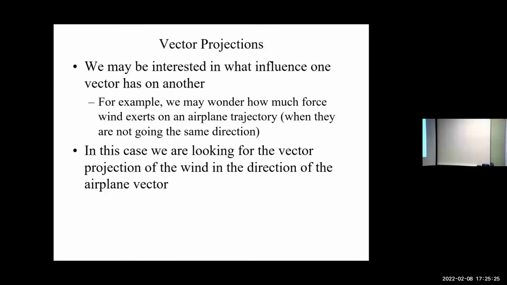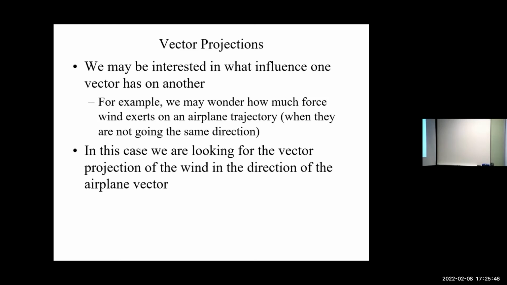Vector projections. This is another big use of dot product. The way I like to think of vector projections, you're looking at the influence of one vector in the direction of another one. The example I always give is wind on the path of a plane, because we did a little bit of that on Thursday last week.